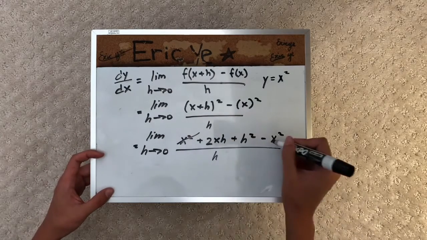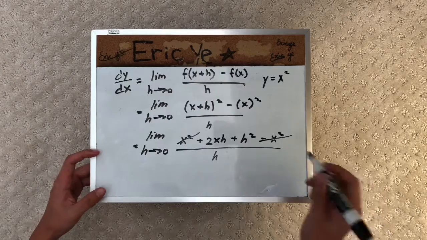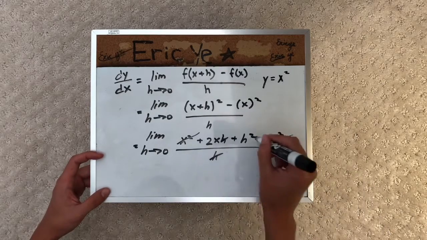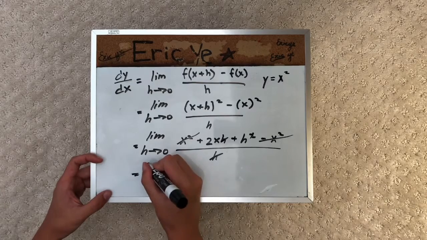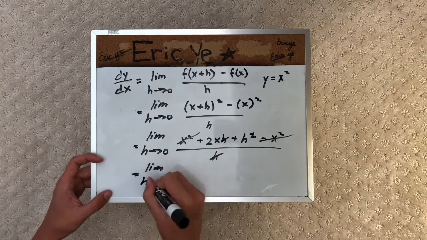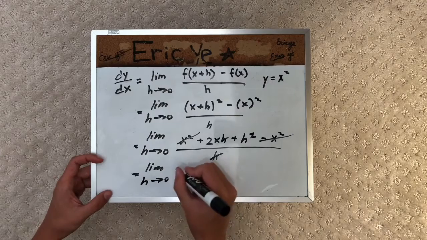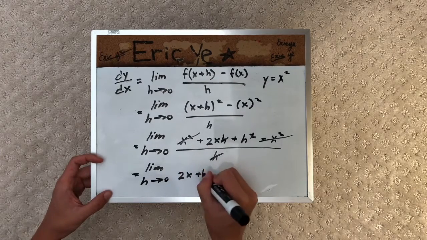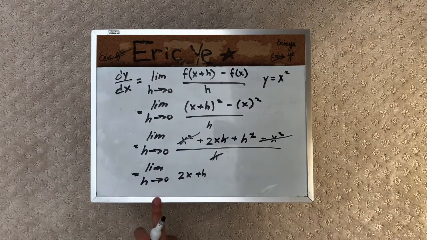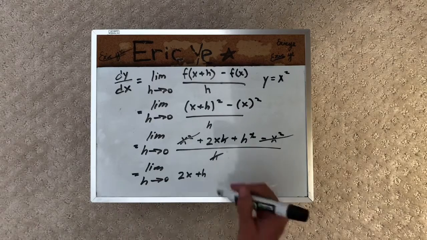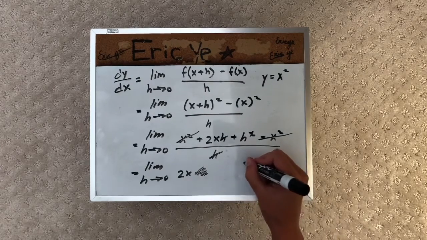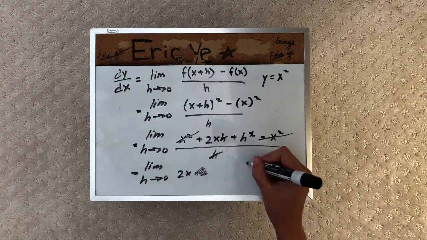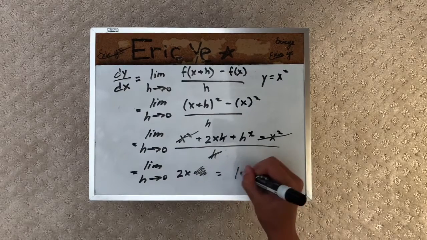Now x squared and minus x squared is 0. h and h cancel out, and you would get 2x plus h. Since we're trying to find the limit as h approaches 0, h will just be equal to 0, and it will be equal to 2x, so the slope when x is equal to 5 is actually equal to 10.